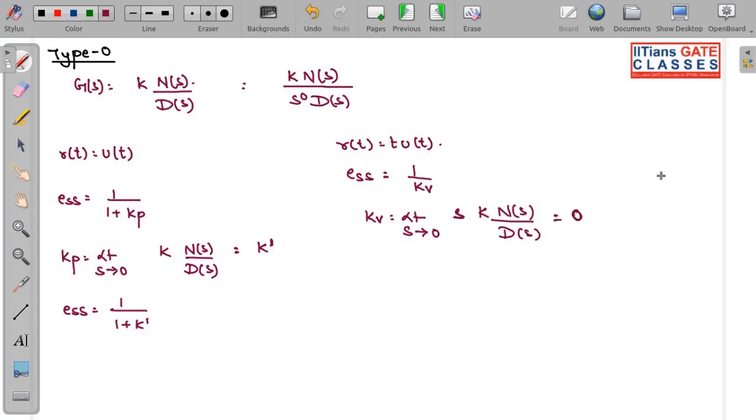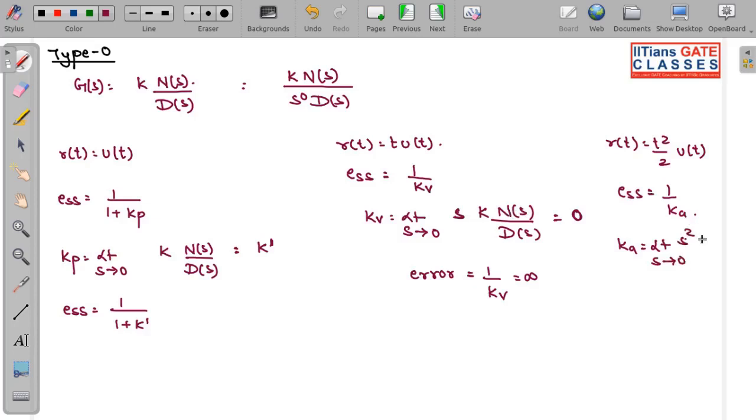Now error is equal to 1 by Kv, so that is infinite. Similarly, if your R(t) is equal to t square by 2 u(t), in this case ESS will be equal to 1 by Ka, and Ka is equal to limit s tends to 0 of s square G(s). So this will also come out to be 0, which means ESS will be infinite.